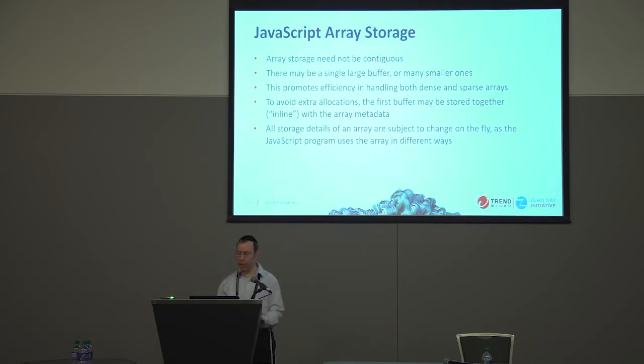The bottom line is, internal storage of JavaScript arrays is not a simple matter at all. And as I mentioned previously, all of these details of internal representations are subject to in-place conversion during script execution. These are some of the considerations that make JavaScript array handling prone to mishap.